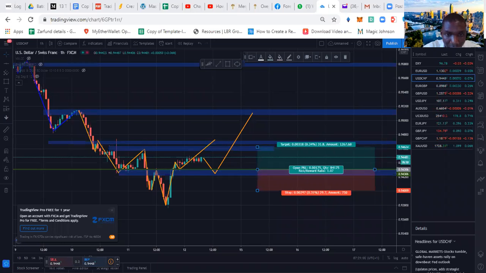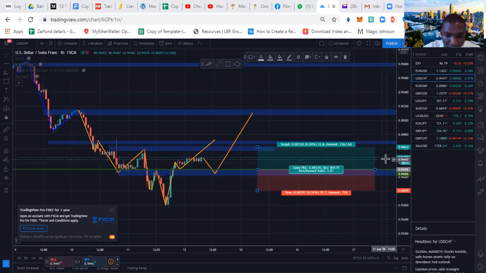Then we have take profit. Take profit is on top here for 30 pips, that's the green one: 0.94624. That's take profit.